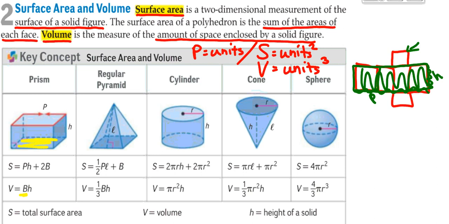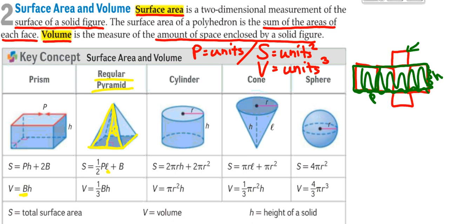So it's like area of the base and then kind of filling it up layer after layer after layer and getting that total thing as we go. And then on a regular pyramid, the thing with a regular pyramid is we're finding the areas of these triangles that are kind of tipped, and so the height of that triangle we call L, which is called the slant height.